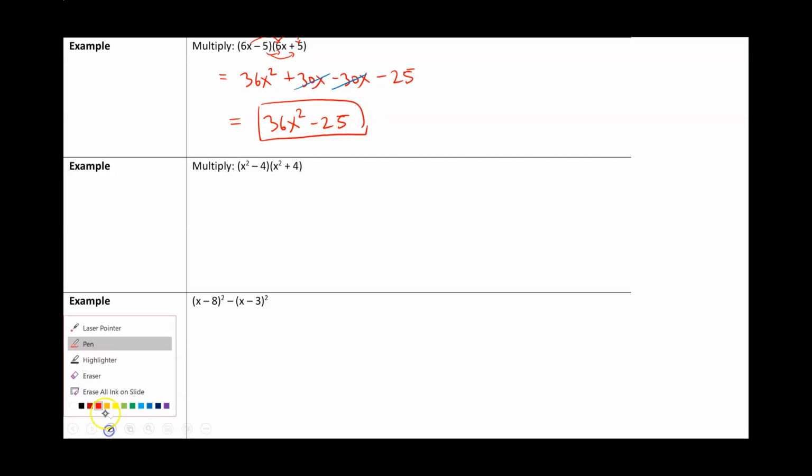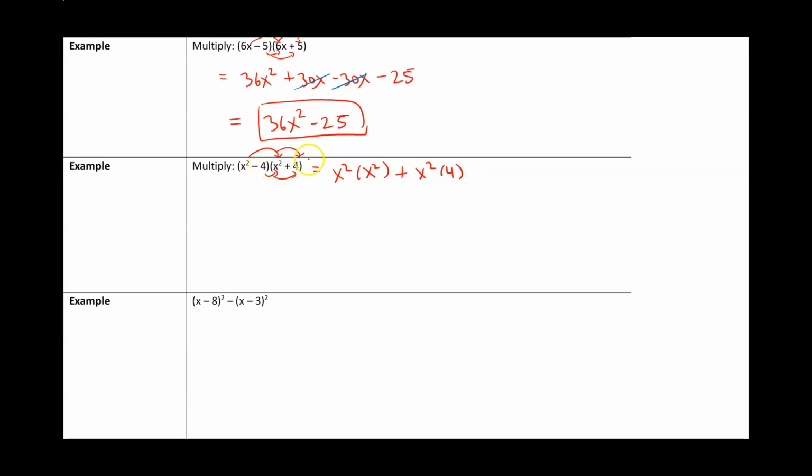Let's take another example. This time I'm going to write it out the long way because now we have an x squared and an x squared. So first I have x squared times x squared. And then I have x squared times a positive 4. Then I have a negative 4 times x squared. And then I have a negative 4 times positive 4.